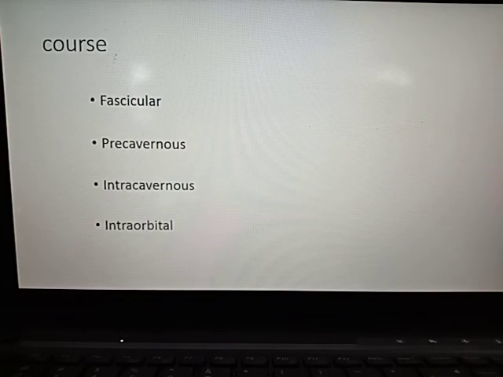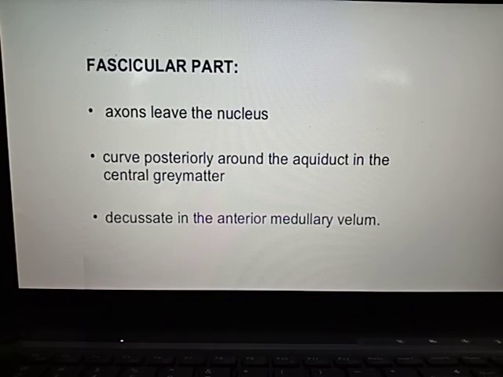Then come to the course. It has four parts: the fascicular, the precavernous, the intracavernous and the intraorbital part. Then come to the fascicular part. From the nucleus, the axon leaves and the nerve first runs downward and laterally through the tegmentum of the midbrain, then turns backward round the central gray matter to reach the superior medullary velum, where the nerves of the two sides cross each other.